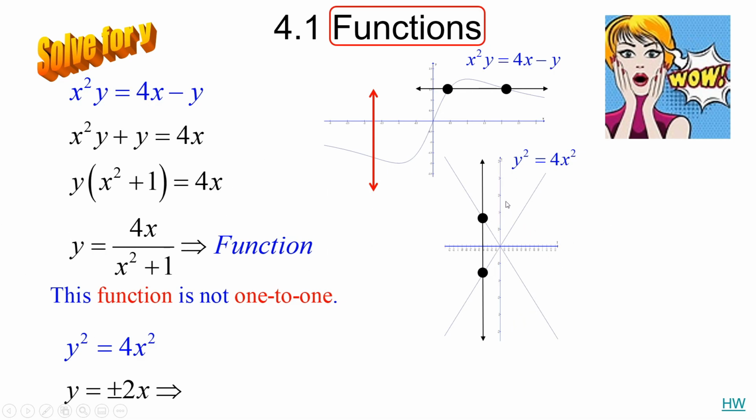No, because look at that vertical line right there. Does not pass the vertical line test. So this is not a function, but there is a correspondence between a domain and a range, so we call that a relation. Remember, a function is a relation, but a relation does not have to be a function.